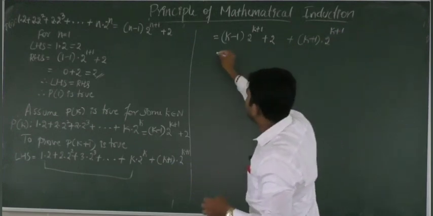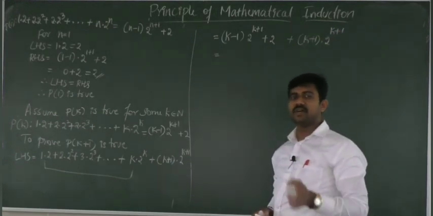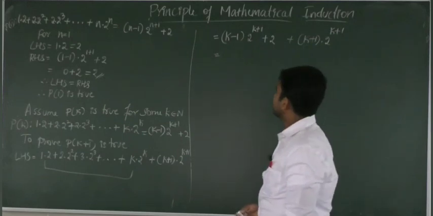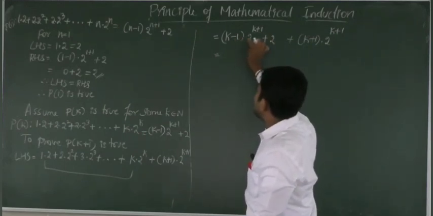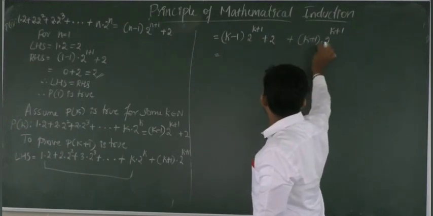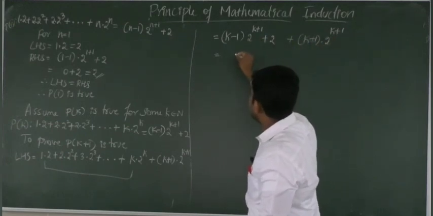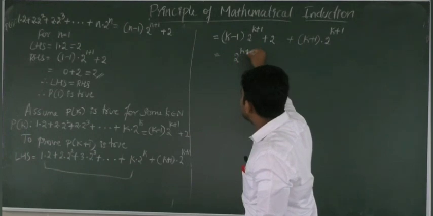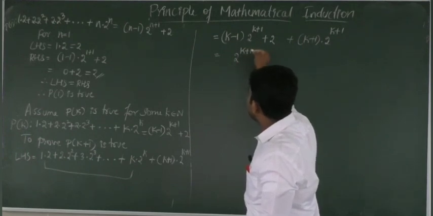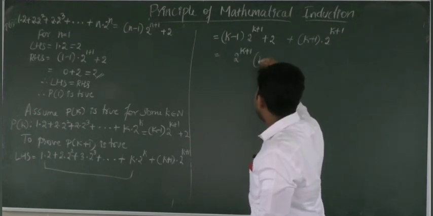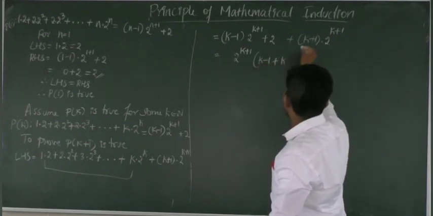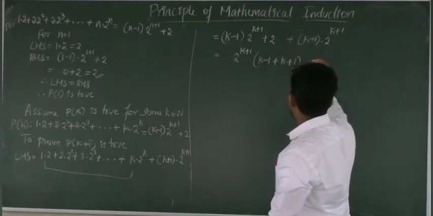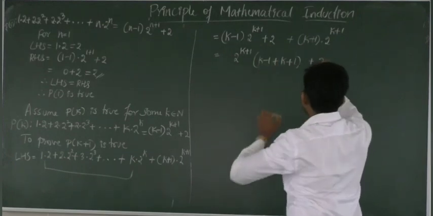Okay, solve this question similar to your previous problem. See here, 2 to the power k plus 1 is in the first term and also in the third term. So if you take 2 to the power k plus 1 common, it remains here (k minus 1) and here plus (k plus 1), and the middle term plus 2.